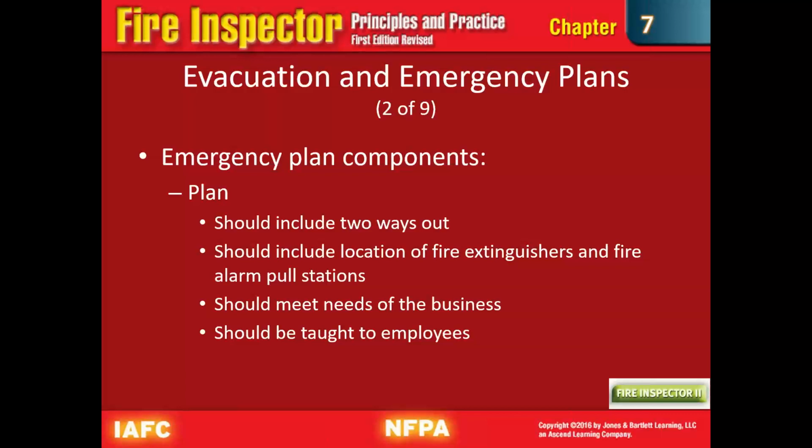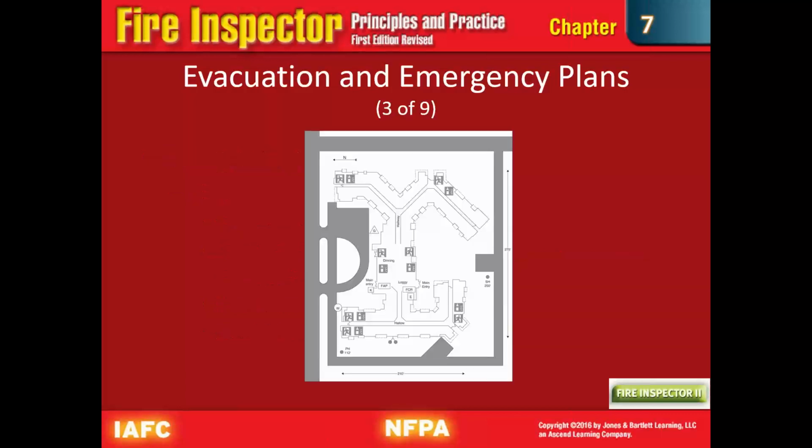So it should be large enough and have as many pieces to it as it needs to include the business, and it needs to be taught to employees, and that's something that they should keep a record of, if they do annual safety training, or if there's safety orientation for new employees, things of that nature.